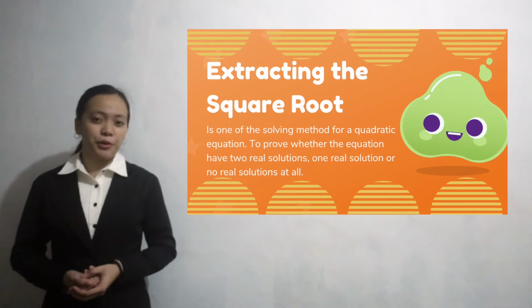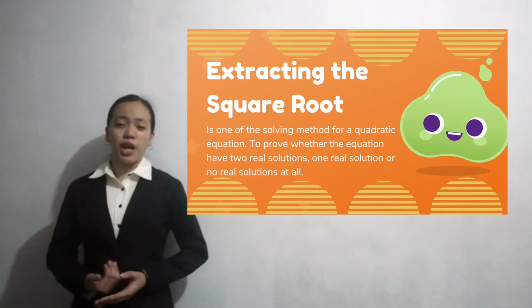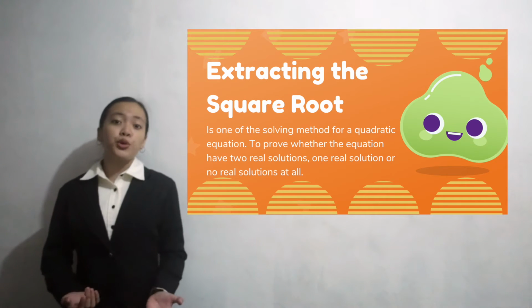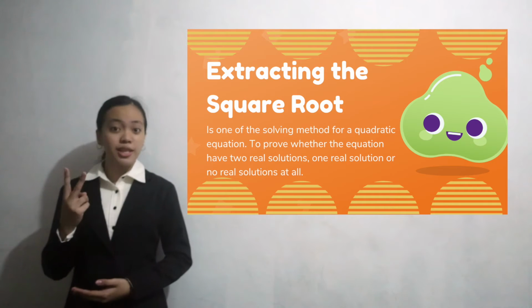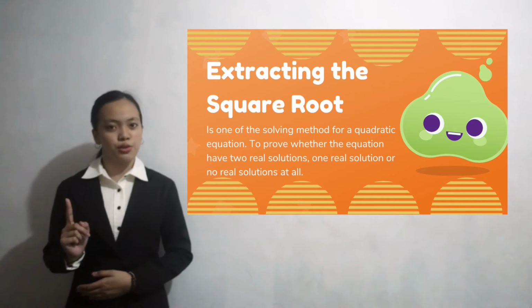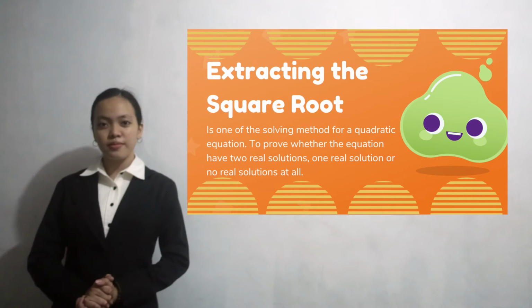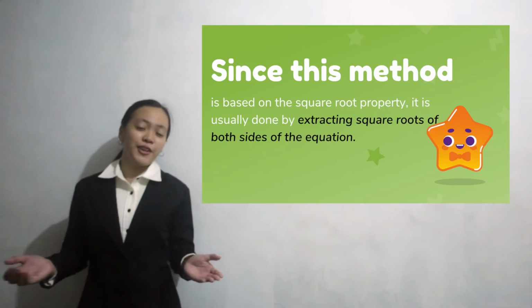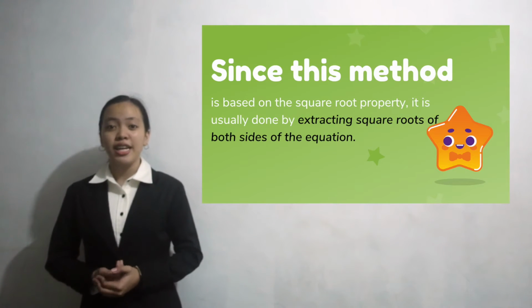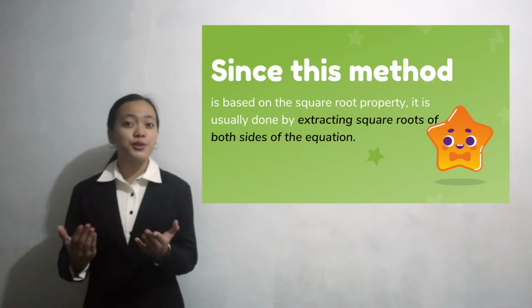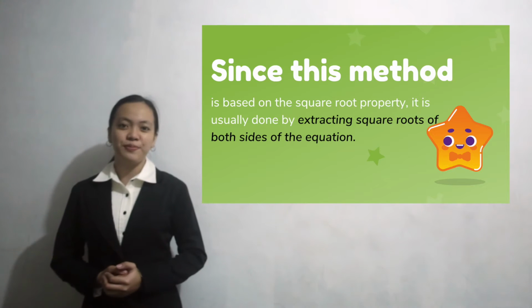So now let us move forward to extracting the square root. Extracting the square root is one of the methods for solving a quadratic equation, to determine whether the equation has two real solutions, one real solution, or no real solution at all. Since this method is based on the square root property, it is usually done by extracting the square root from both sides of the equation.